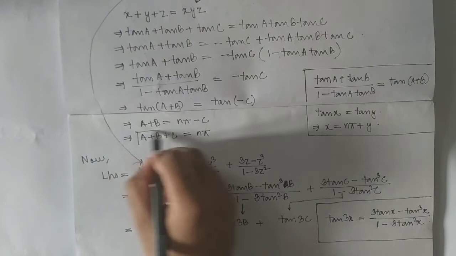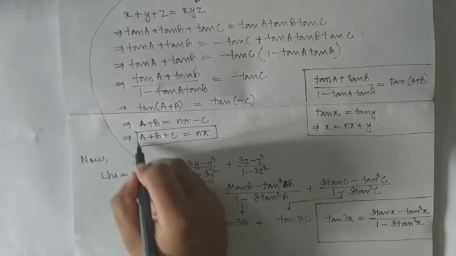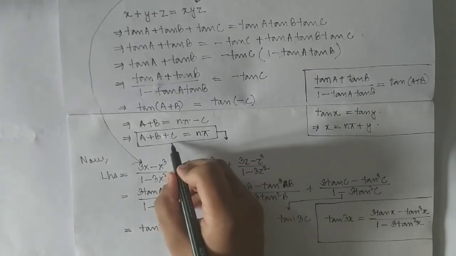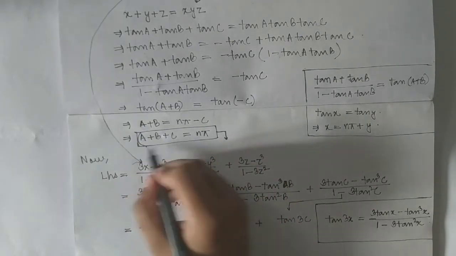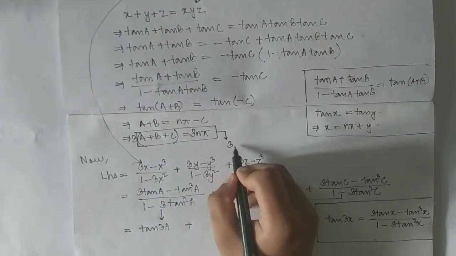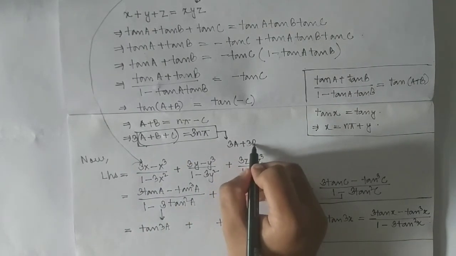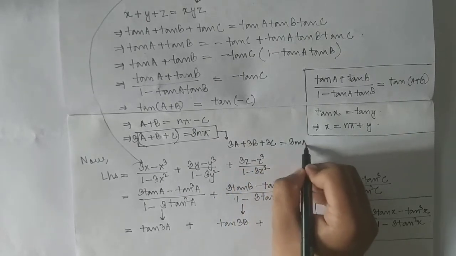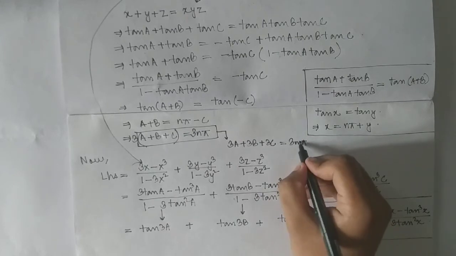Now let me talk about this equation a little bit. In this equation, let me multiply 3 on both the sides. So this equation will become 3A plus 3B plus 3C is equal to 3n pi. This is not m, this is n.